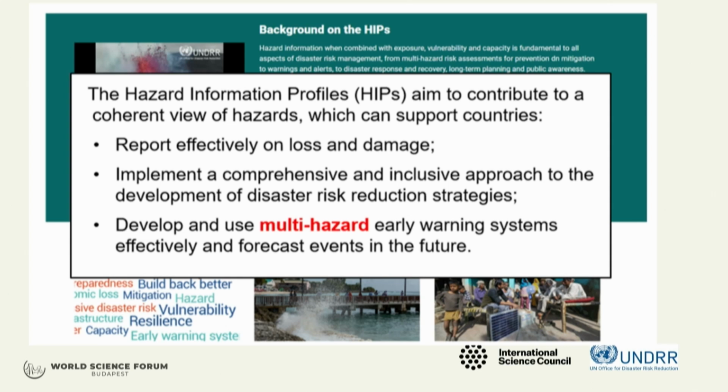And one of the most important things that we're being asked to use these hazard information profiles on, besides early warning for all, and thank you, Urbano, for your very good discussion on that, is to report effectively on loss and damage. Because if we can understand the impacts of these events, we're in a much better position to see what we should plan for next.